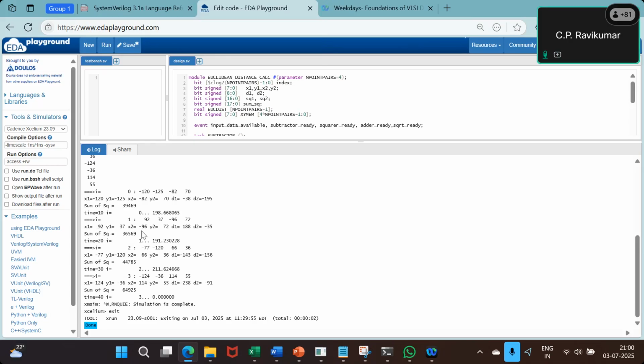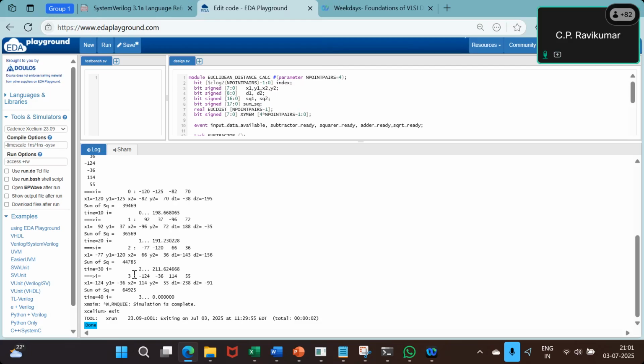Is it correct? X1 minus, see, this is 92 minus of minus 96 is 188. So 37 minus of 72 seems okay. And the sum of squares may be okay. 188 square plus 5 square. Okay. So this seems almost the same.